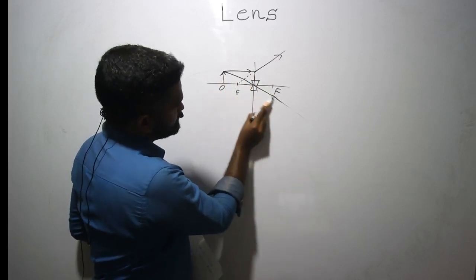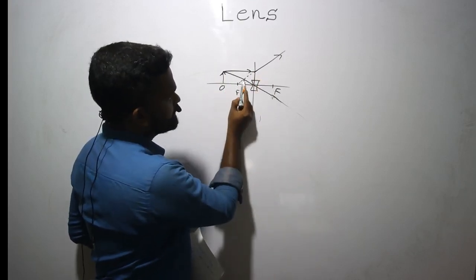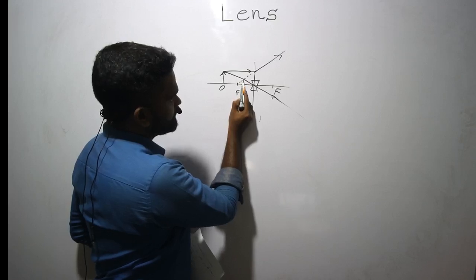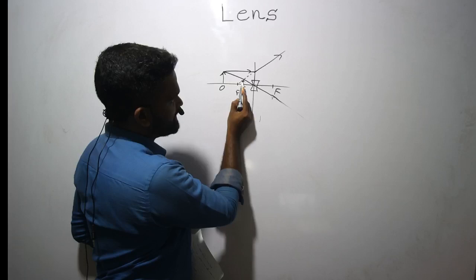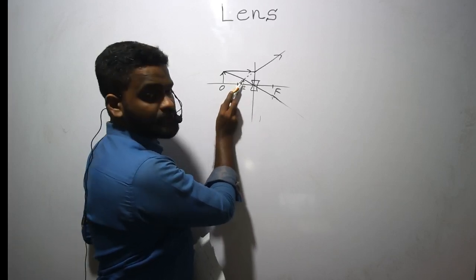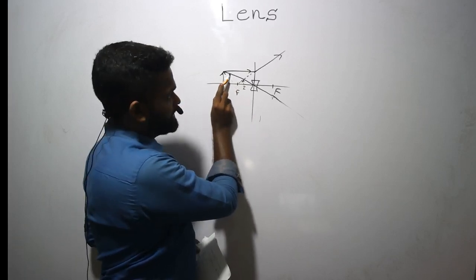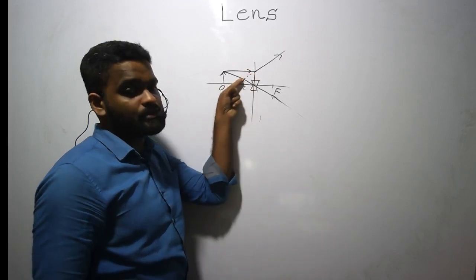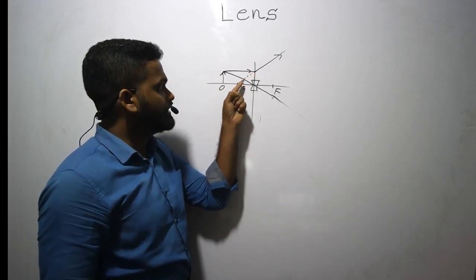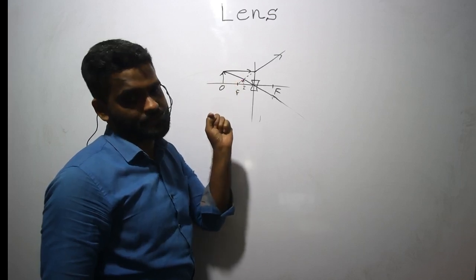So when you take this ray and this ray, they meet here. So the position of image should be here. So the image is made here. You can see it is a virtual image, right? Because only one ray goes there. Another ray is actually a virtual ray, right? So it forms a virtual image.